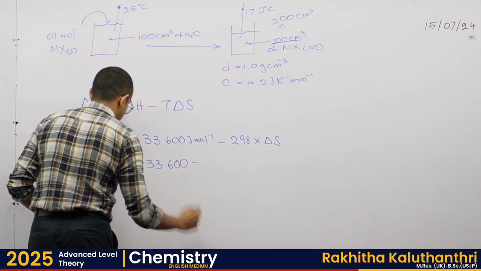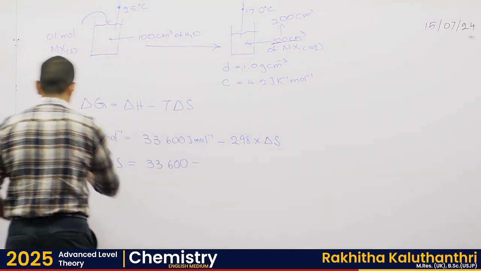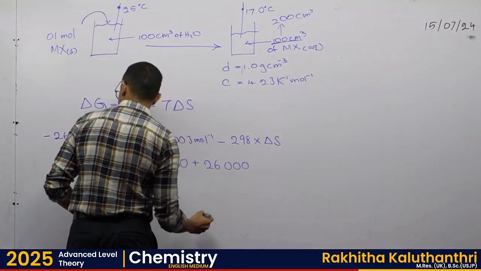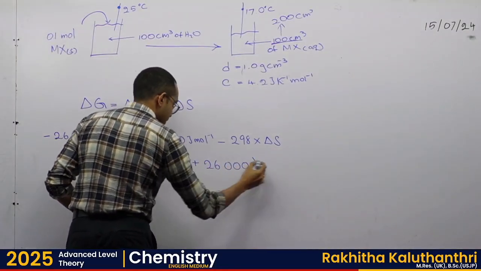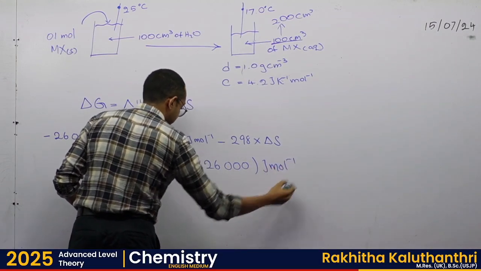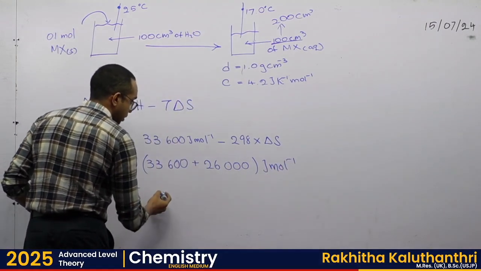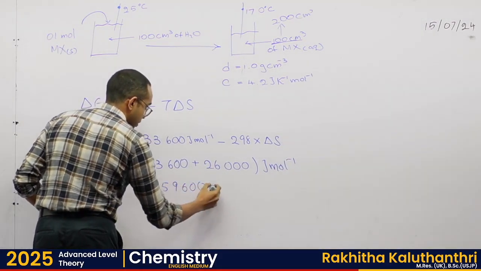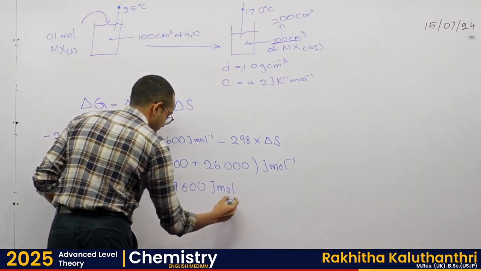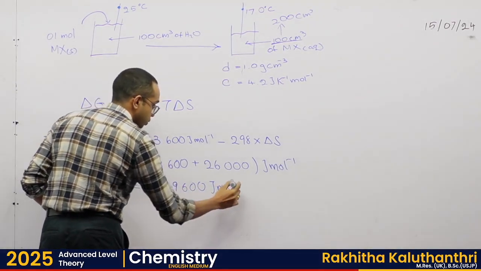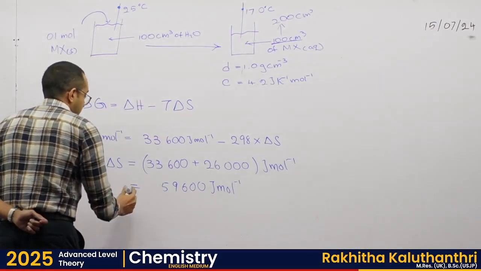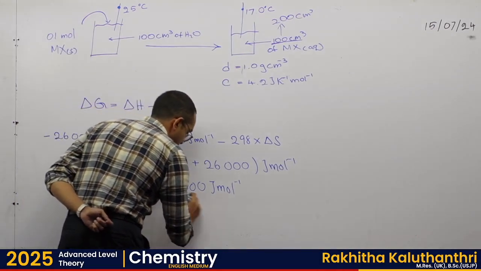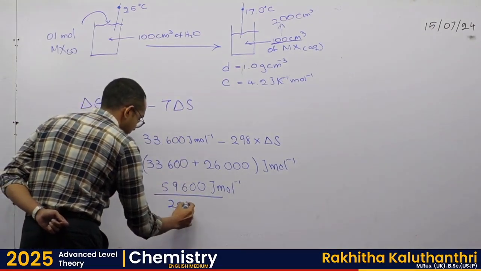So then we have 298 delta S is equal to 33,600, and actually when you bring this to the other side it will be plus 26,000 joules per mole. So this becomes 59,600 joules per mole, which is equal to 298 delta S. To get to the answer we have to divide this by 298.